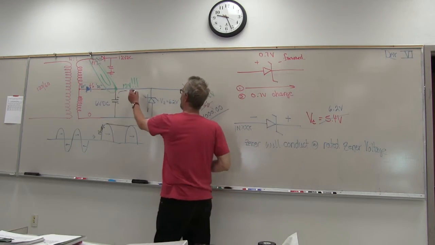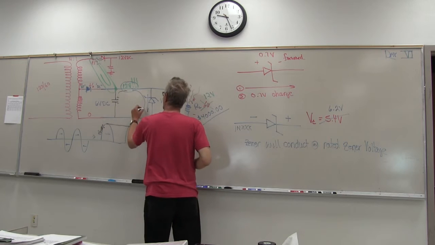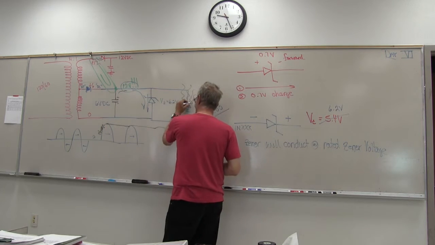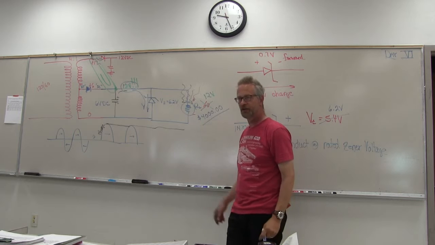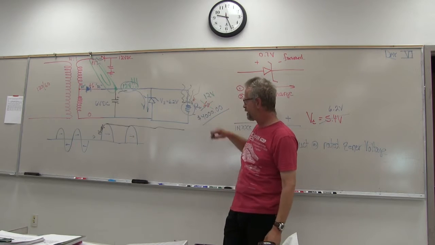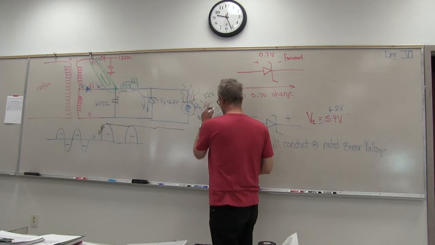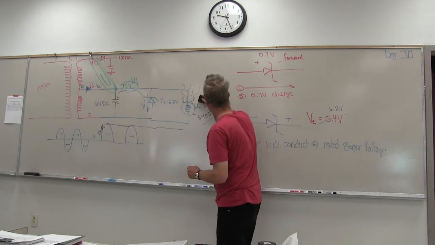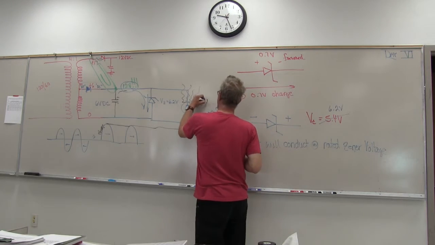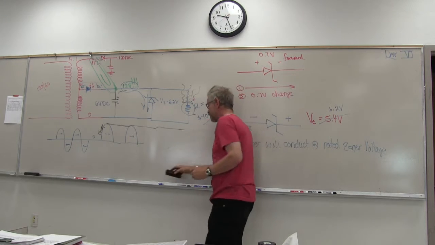And it will take all of the extra energy and take it around the resistor, so it doesn't have to go through the resistor. The resistor, instead of being at 6 volts, is at 6.2 volts.